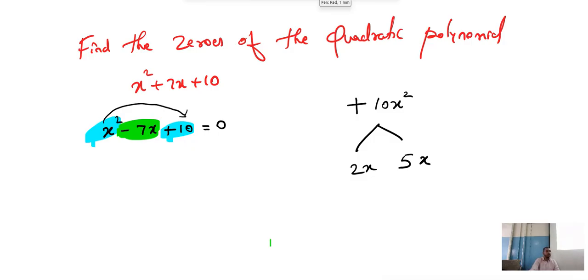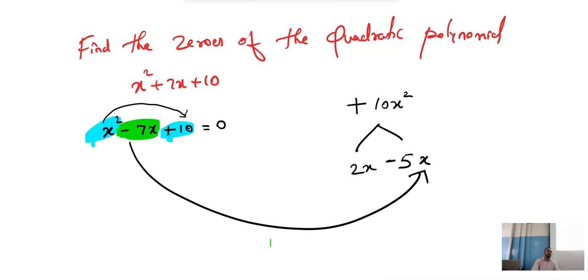The important part for us is the middle term sign. What is the middle term sign? It is minus. This middle term sign we have to give for the bigger number. Between 2 or 5, which is the bigger number? 5. Remember this logic: middle term sign we give for the bigger number.